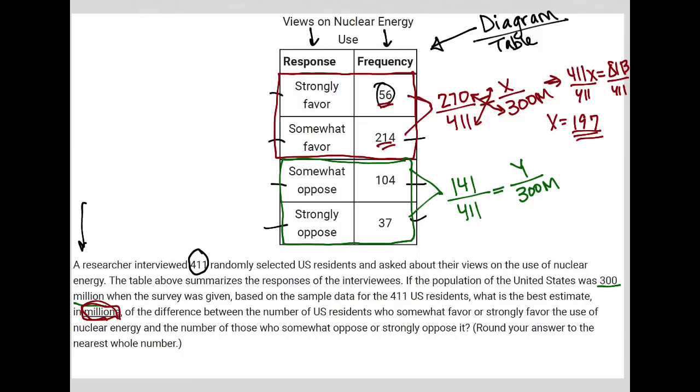Okay. Let's do the same thing for my second group. So we cross multiply. I get 411y equals 300 million times 141. So let's do that math in the calculator. 300 million times 141. And for that, I get 42.3 billion.